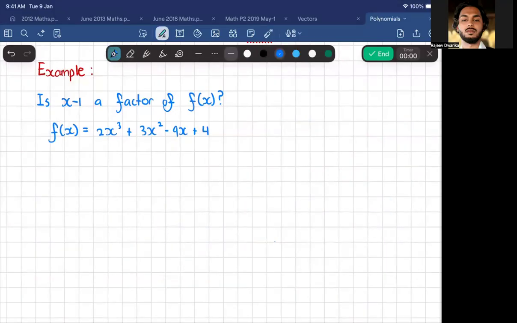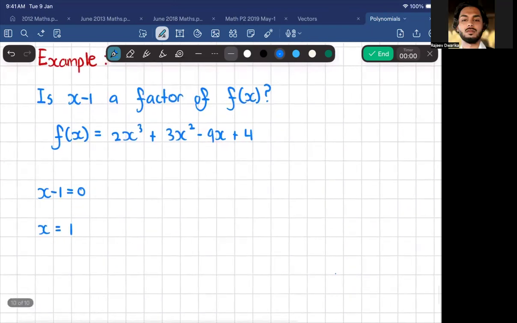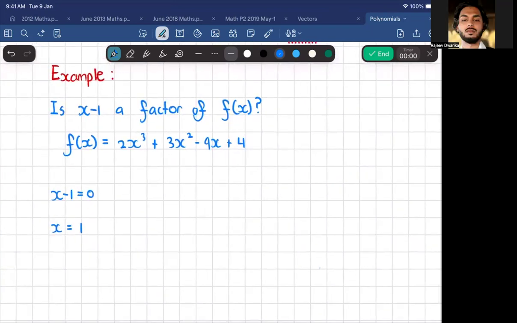So the very first thing we're going to do is equate the factor to 0. So we're going to say x minus 1 is equal to 0. If x minus 1 is equal to 0, what would x be equal to? 1. What are we going to do with that number? If x is equal to 1, what am I going to do with that to see if it's a factor of f of x? You can plug it back into the question.